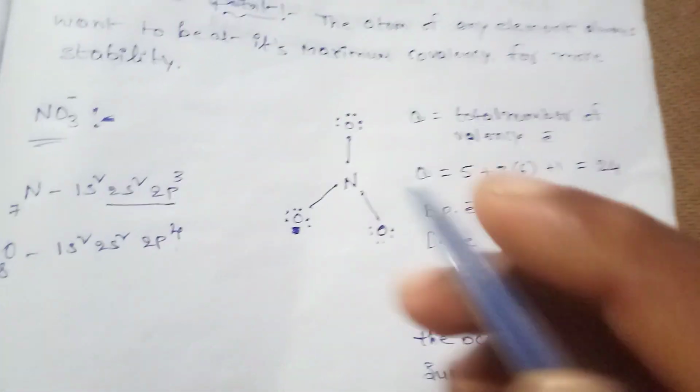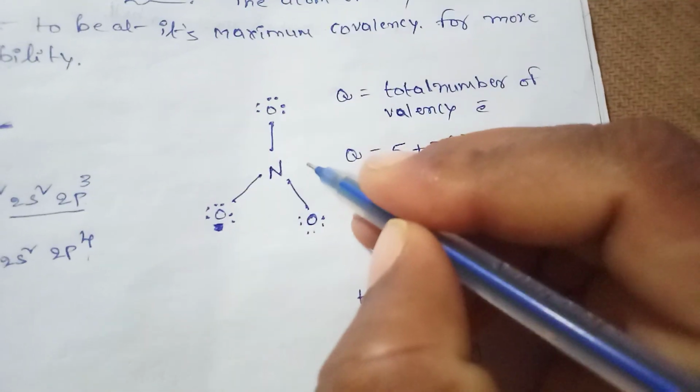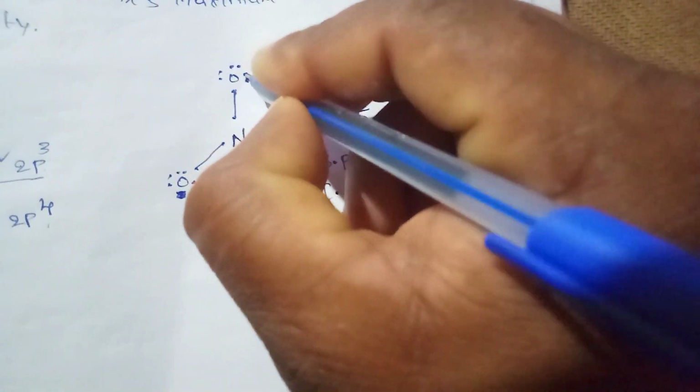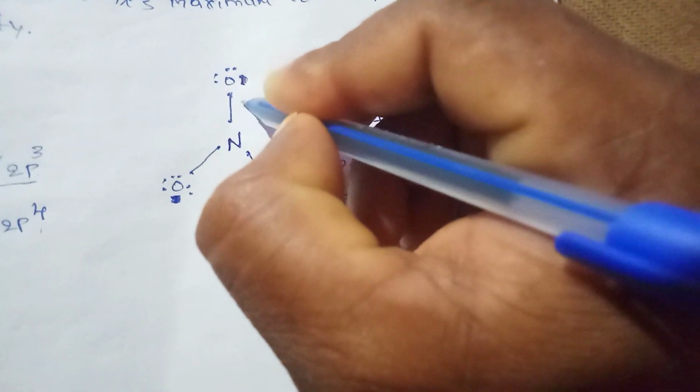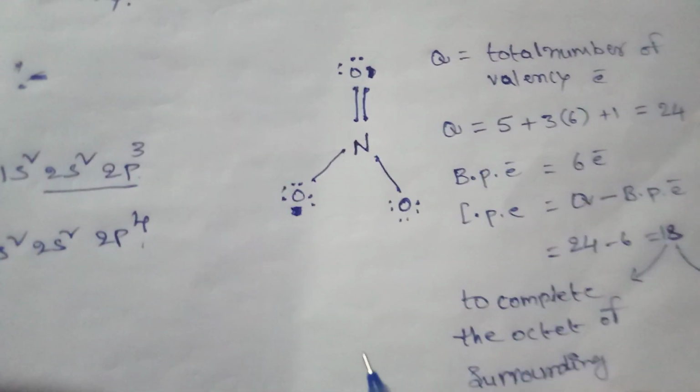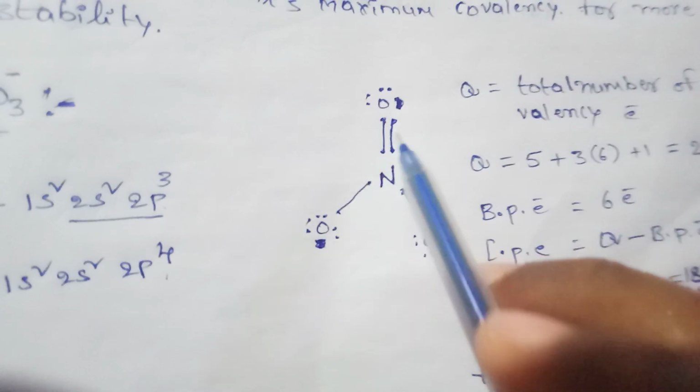So here what we are going to do is cancel a lone pair here, and take these electrons and form another bond here. Here also 2 electrons are there. Now see that the octet of each atom is completed. From nitrogen's point of view, 4 bonds.